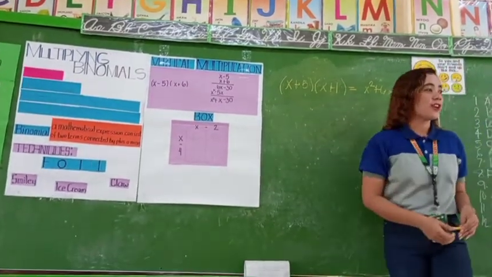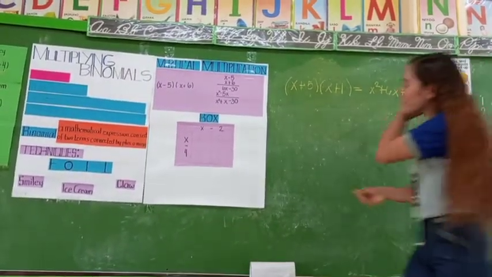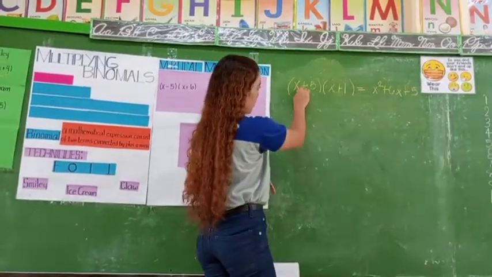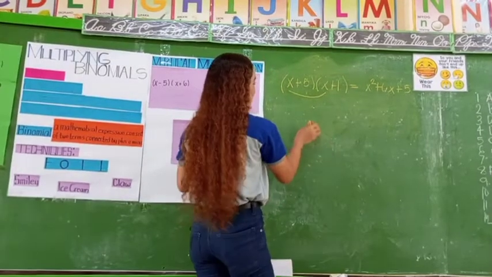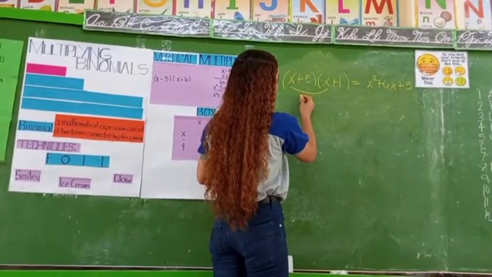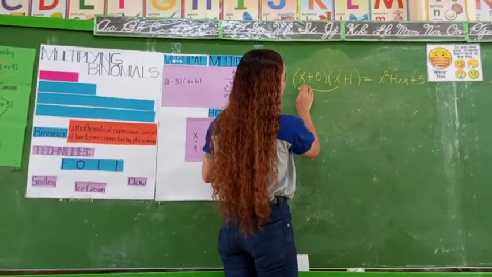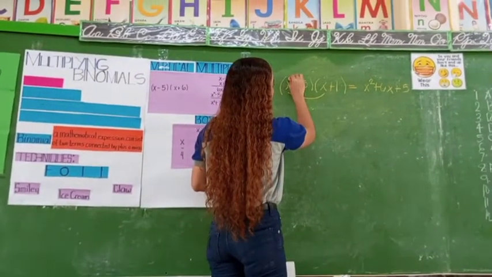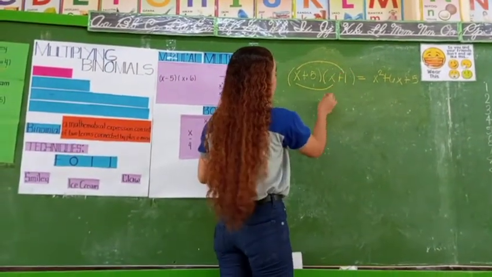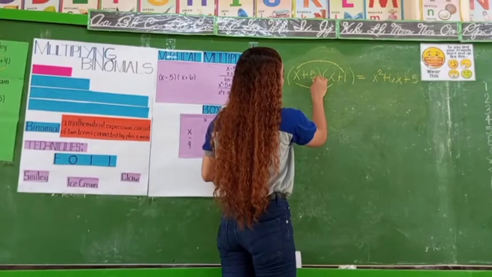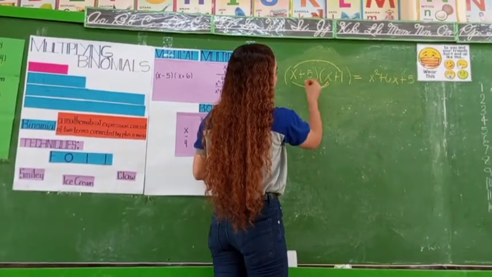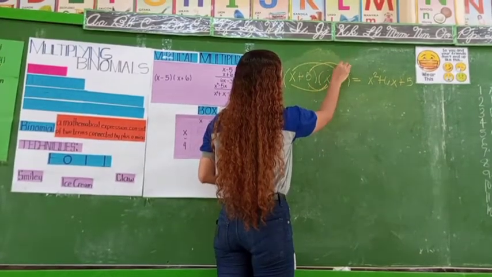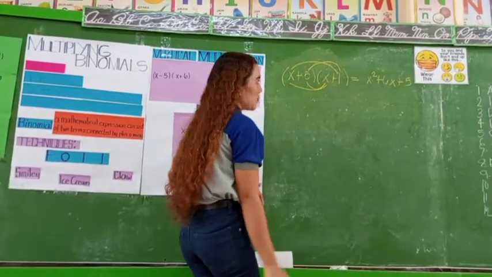Tama ba ang answer niya? Okay, let's check. We have here the first term of x times x, using the smiley method ito ha, and then using the outer term of x times 1, and then the inner term 5 times x, and then the outer term here 5 times 1.